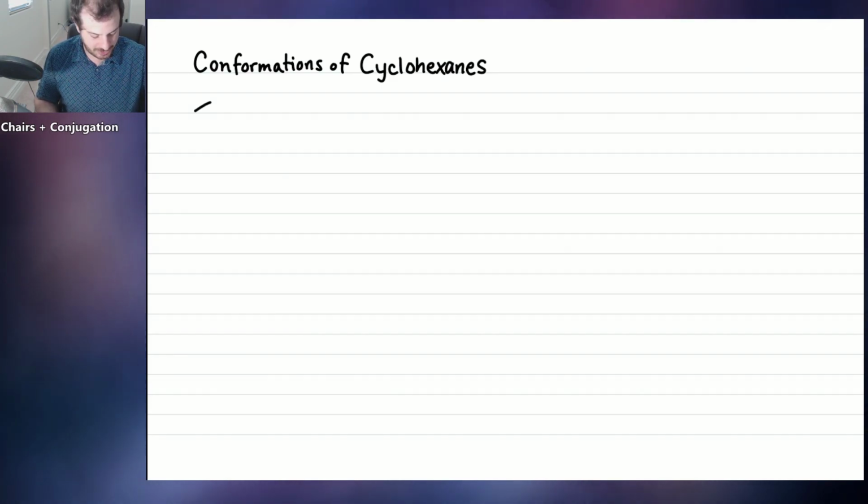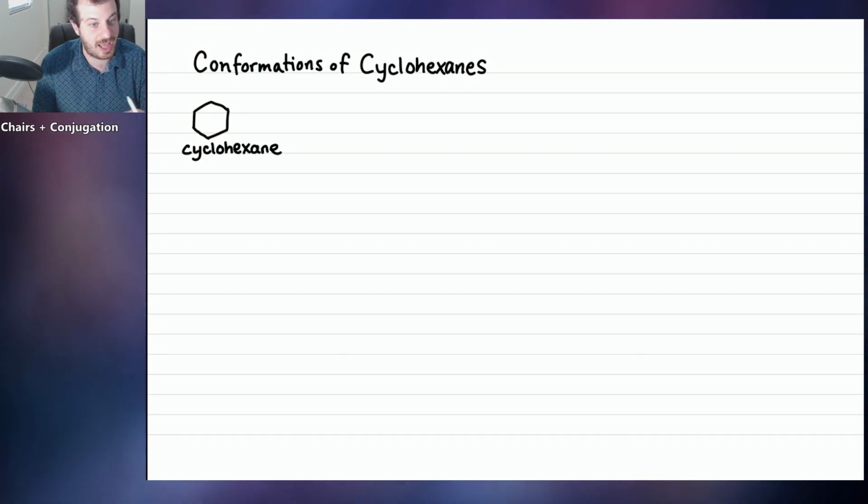So just to recap, cyclohexane looks like a hexagon, and they are very common in organic chemistry. So this is called cyclohexane. Now, at first glance, you might think of the cyclohexane as being flat, but it's not.